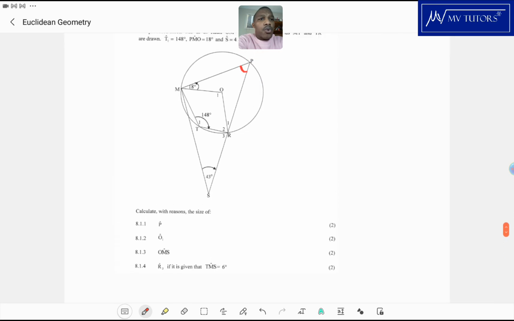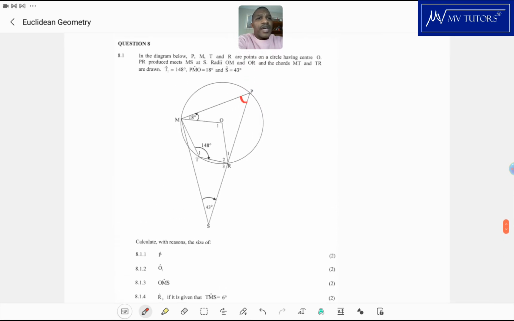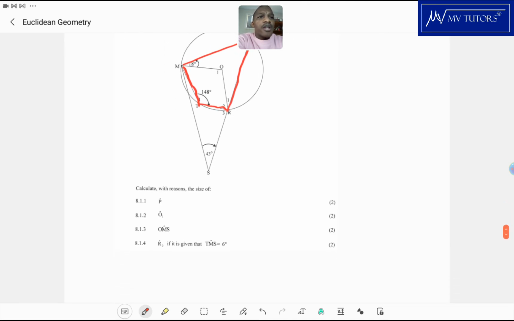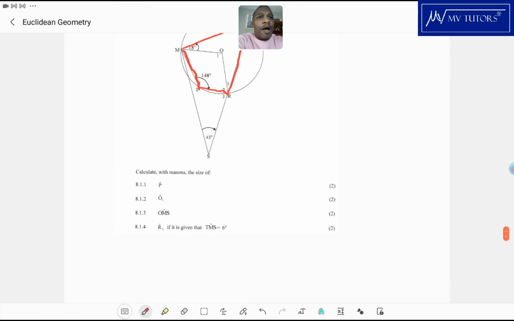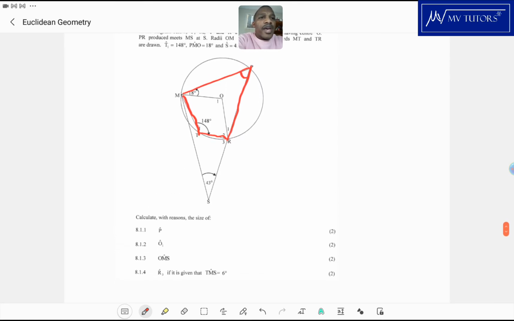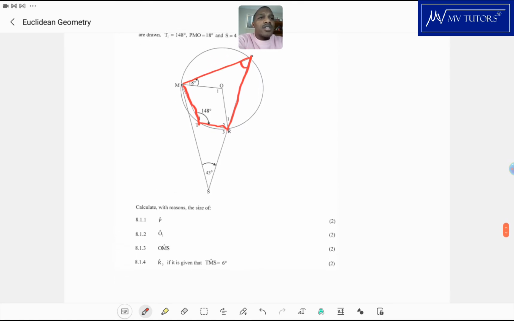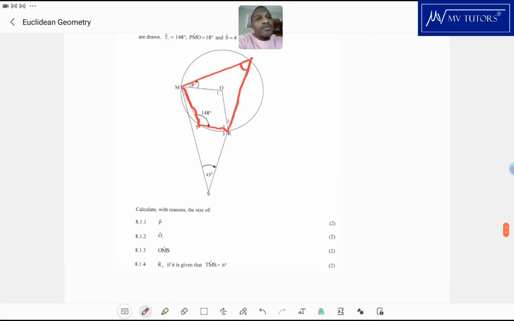We do know that we have a cyclic quad over here. PM and then T to R, and then there. So that's our cyclic quad. Now, what do we know about the cyclic quad from Dr. Cape Town? We know that in a cyclic quad, the opposite angles are supplementary.